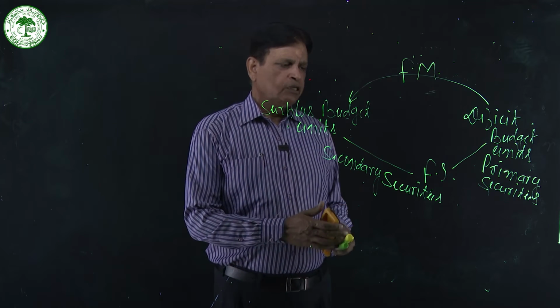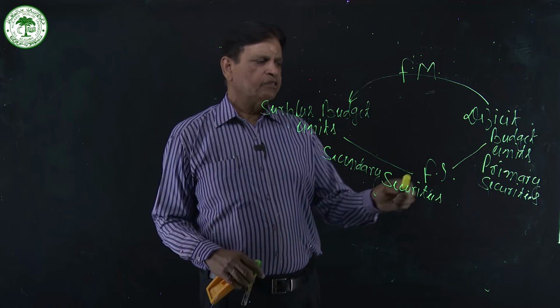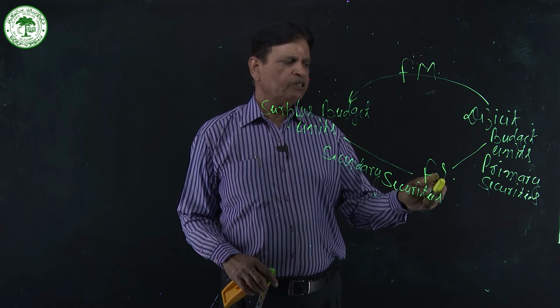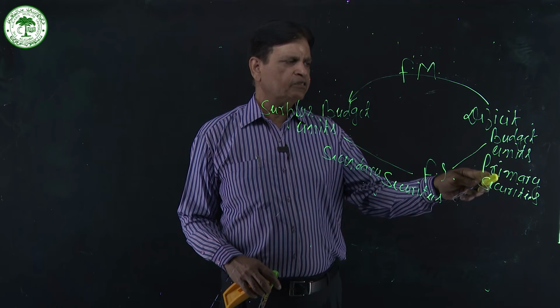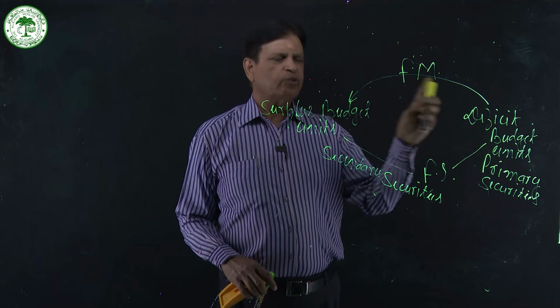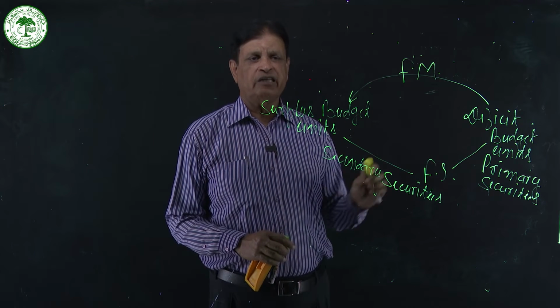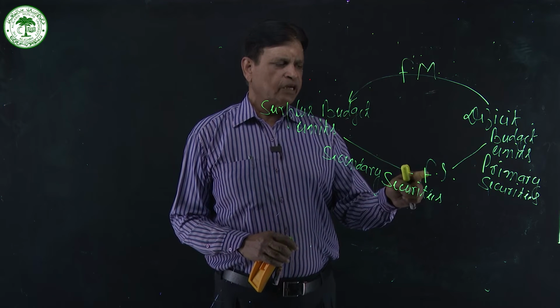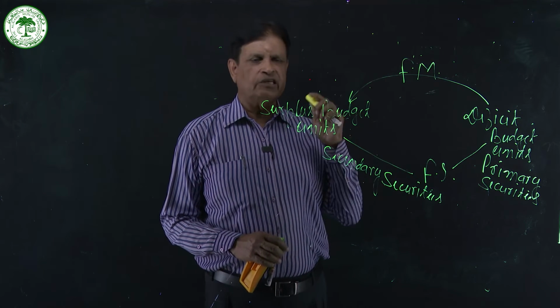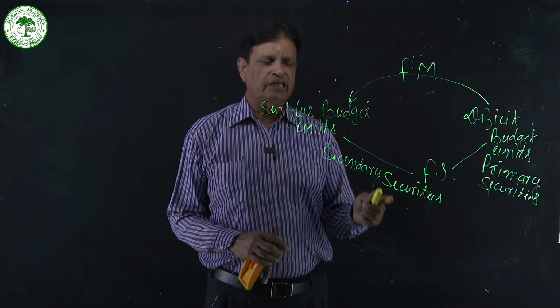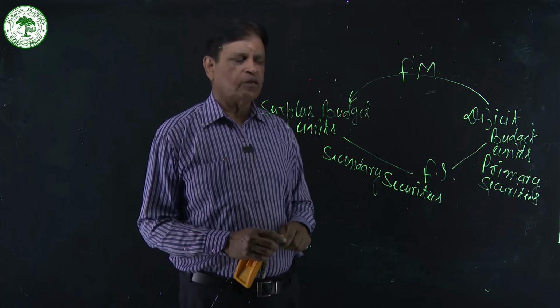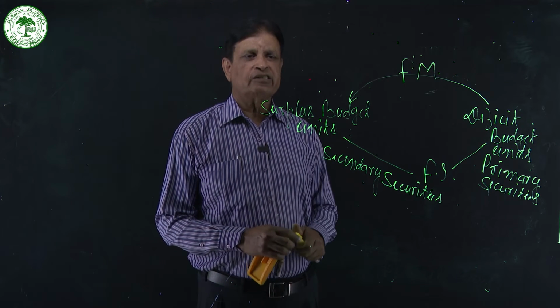So therefore, the financial intermediaries purchase, rather have in their portfolio, primary securities issued by the deficit budget units. These primary securities are highly risky, and the secondary securities issued by the financial intermediaries and purchased by the surplus budget units are less risky.